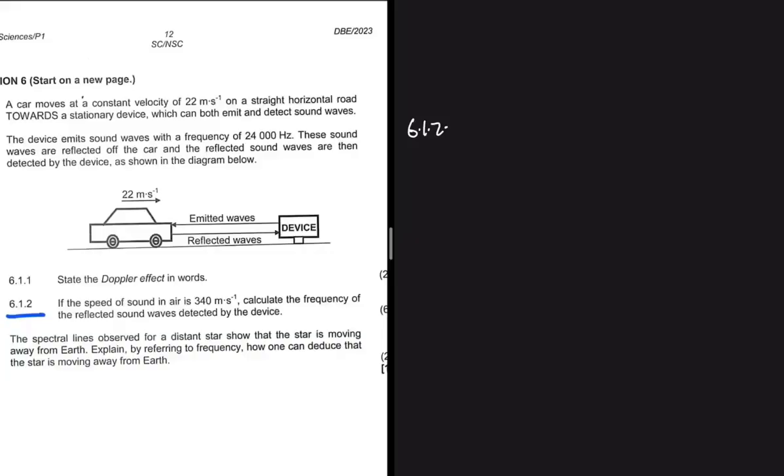So let's do a bit of conceptualization here. Let's put X as our vehicle and put our device somewhere here. The first thing that happens is our device emits a sound wave, so we have some frequency of the source, Fs. When it strikes the car, it's no longer Fs; we now have FL, a totally different frequency.